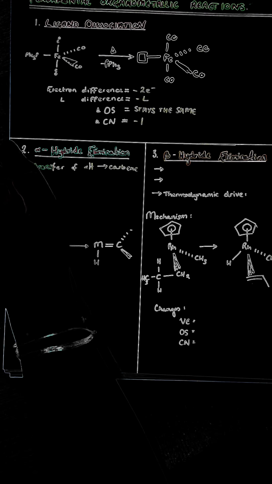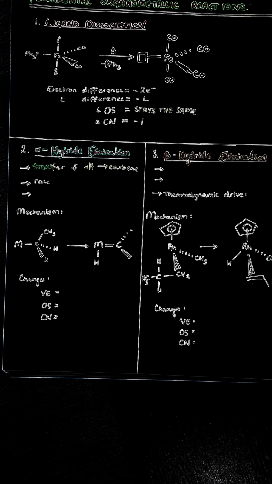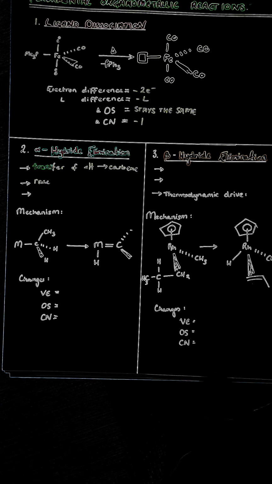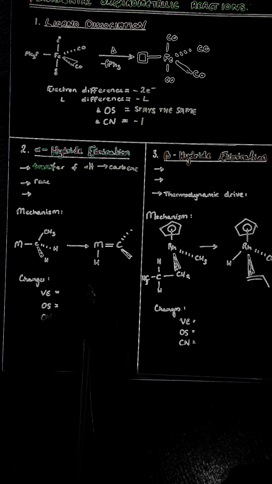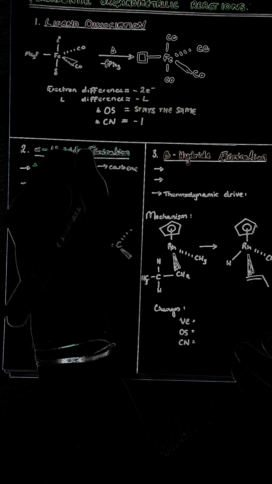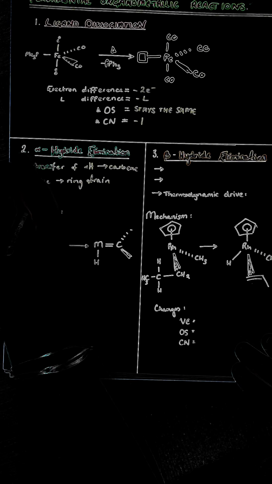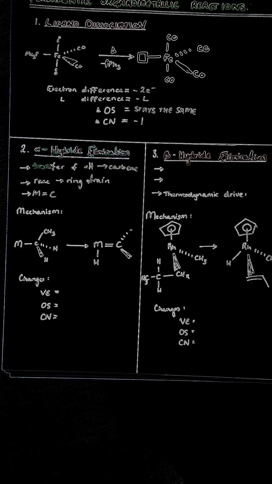This process is quite rare because of the ring strain. It causes the hydrogen to become too close to the metal, so therefore beta elimination is more probable. And as I said before, the complex forms carbenes, which vary in stability and are probably decomposed.